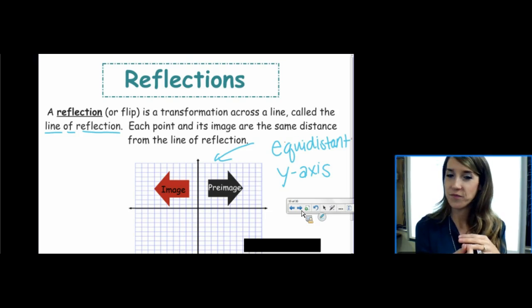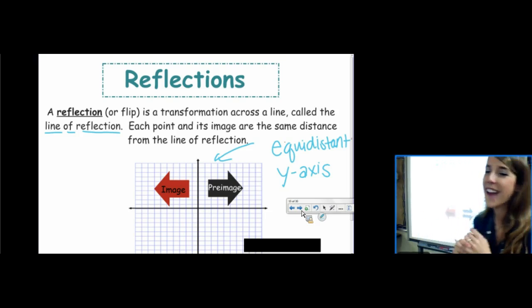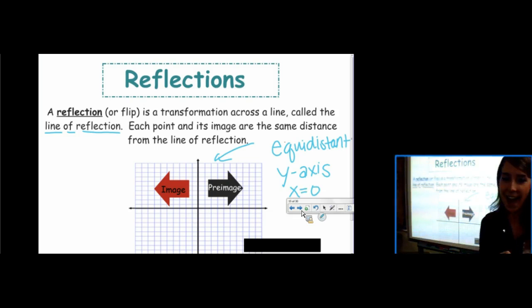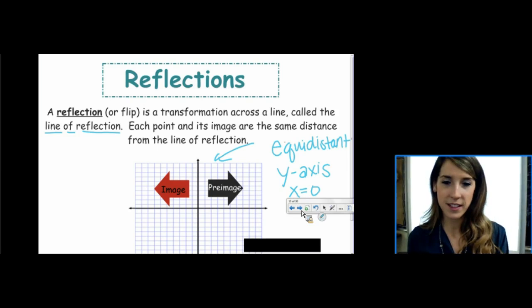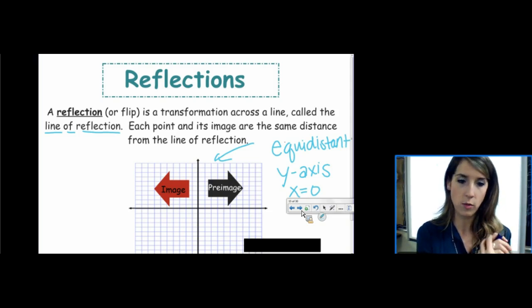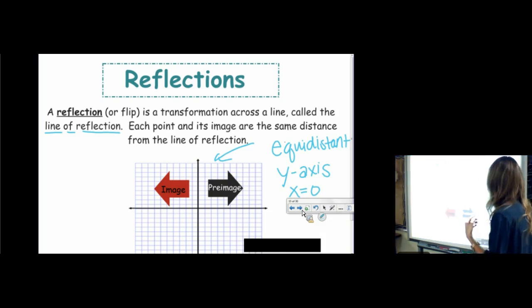Not the rule. There you go. Yes, the equation of the y-axis is x equals 0. Very nice. So we're doing a flip. And we know that we're flipping over a line and that all of the points and their corresponding points will be equidistant. Cool.